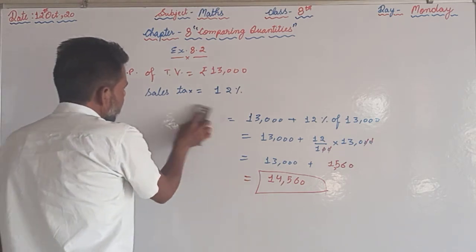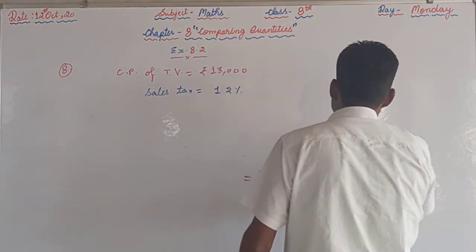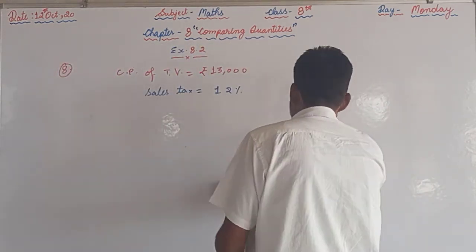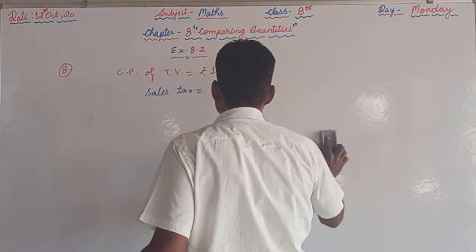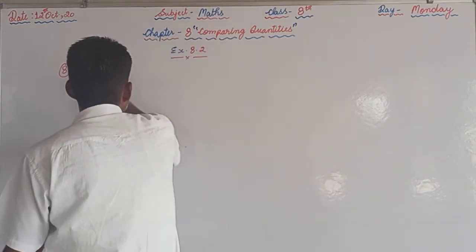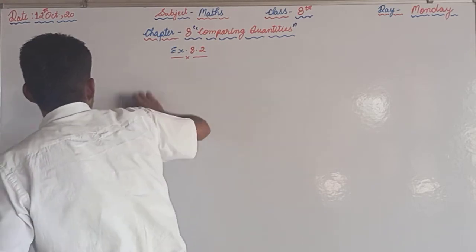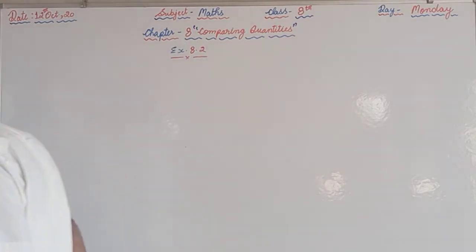As I am clearing the board, at the same time you can read question number 9 of exercise 8.2. Arun bought a pair of skates at a sale where the discount percent was 20%. If the amount he pays is rupees 1,600, find MP.